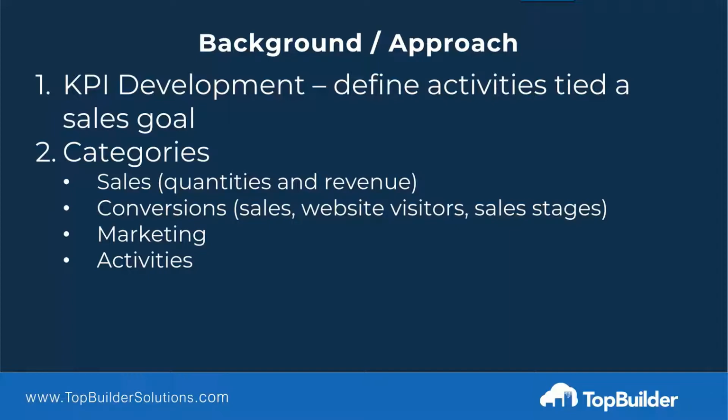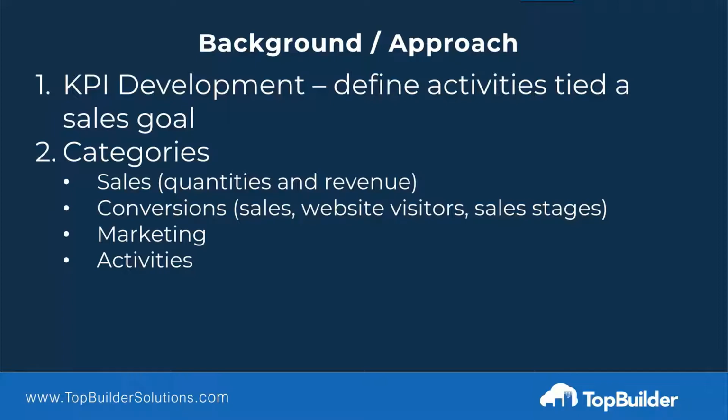And then, of course, you're tracking your marketing. This marketing is the very top end of the funnel, where you're generating leads and converting them to hopefully qualified leads, but that all ties into sales as well. So at the top end of the funnel, we're looking at marketing activities as a category. And then there's something called activities, which we're not really going to cover today. It doesn't directly lead to sales necessarily.